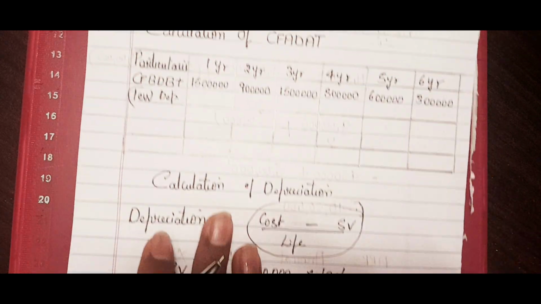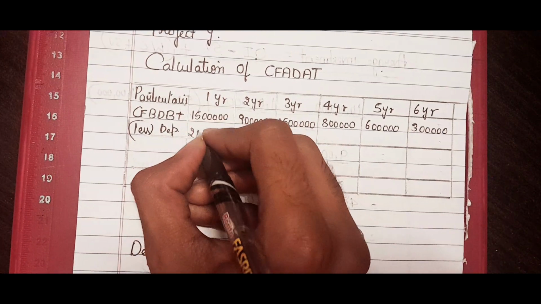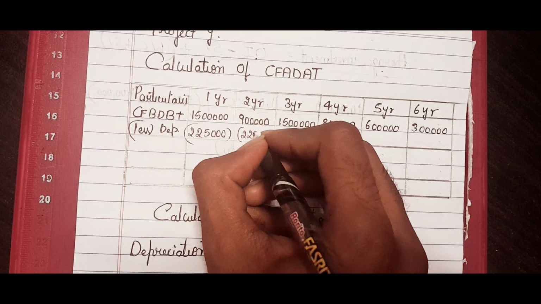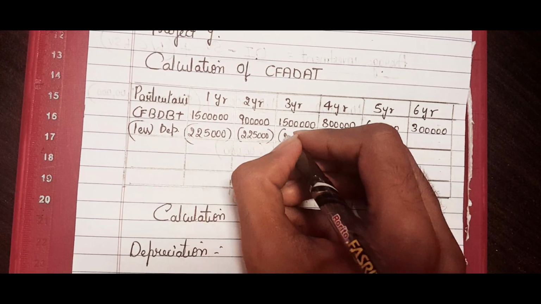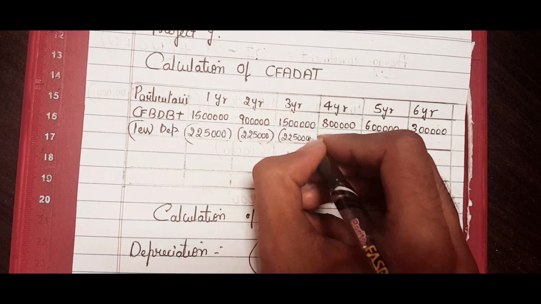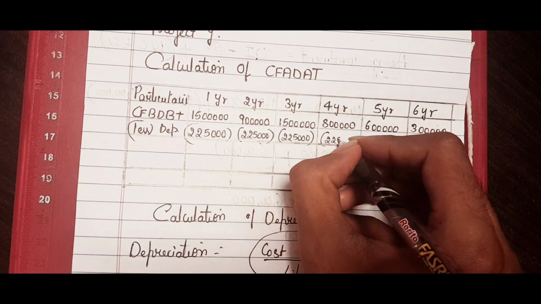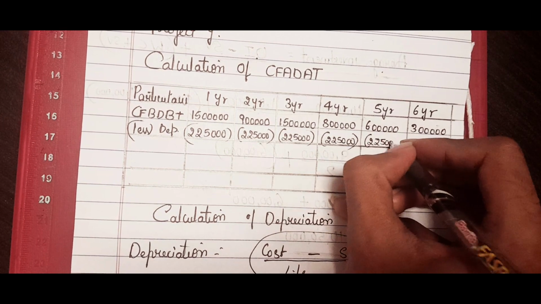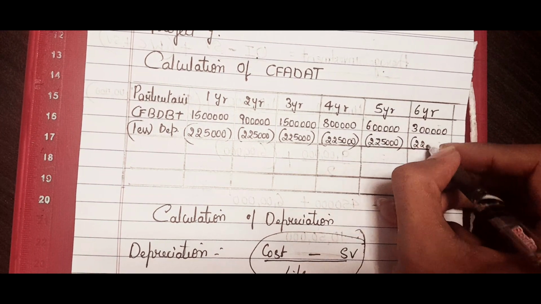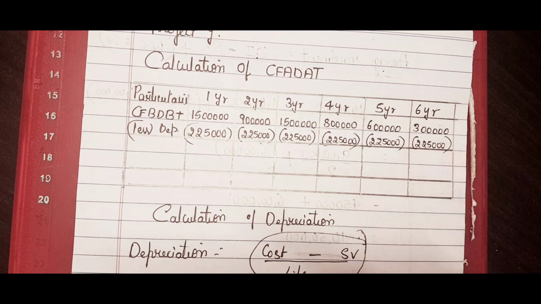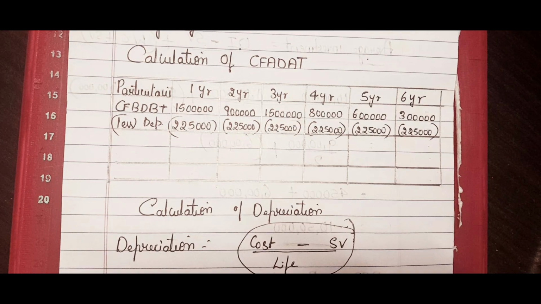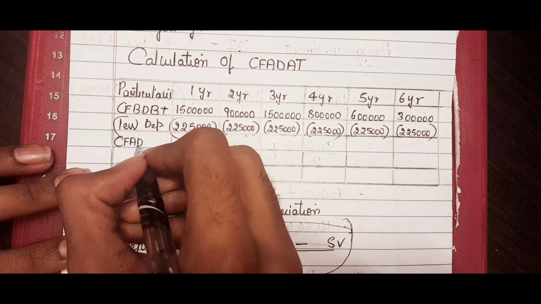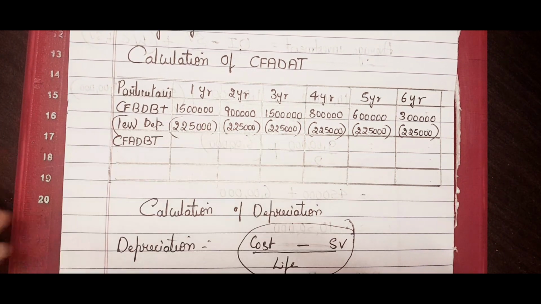So this depreciation let us deduct here. 2,25,000, 2,25,000, 2,25,000, 2,25,000, 2,25,000 and 2,25,000. Now when we subtract, we get CFADBT.